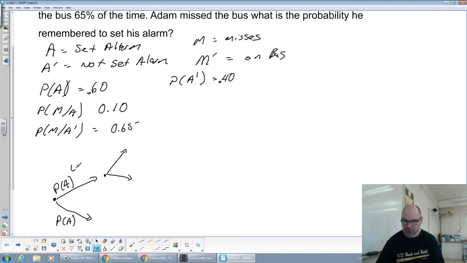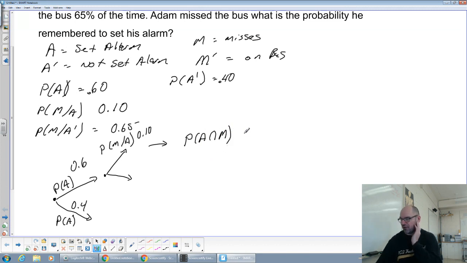Okay, so this is 60%, and this is 40%. And then we branched out here, and we got the probability that he missed the bus, given that he set his alarm. And that one was 10%. So therefore, this became the probability that he set his alarm and he missed the bus.